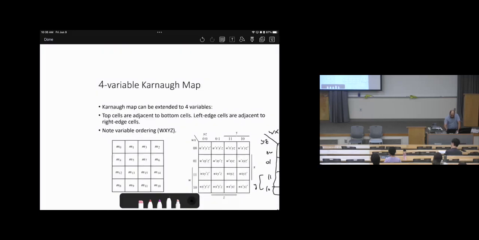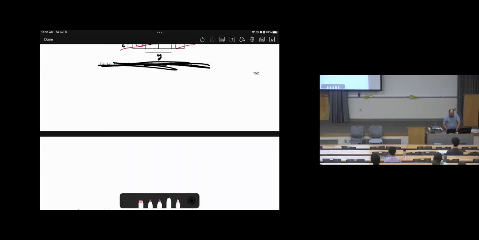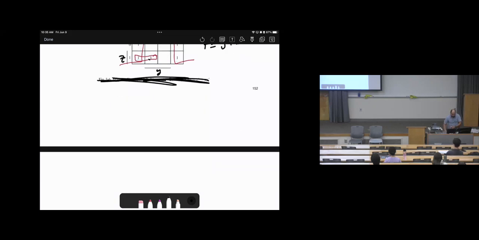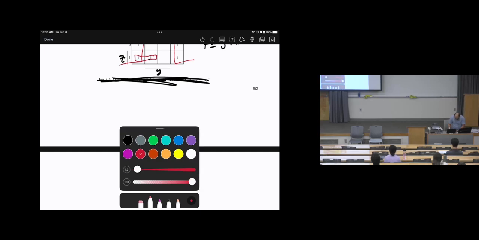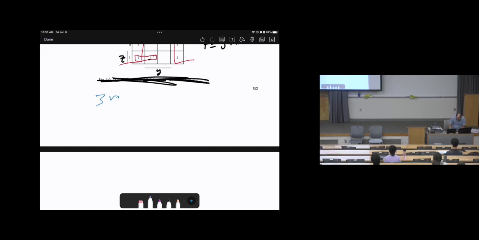Now, before starting 4 variable Karnaugh maps, let's recall that when we had 3 variables, there used to be x, y, z, or sometimes a, b, c, it doesn't matter.